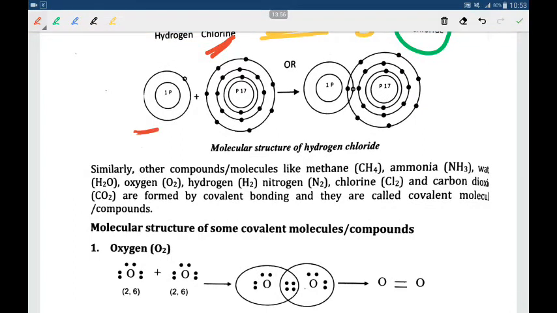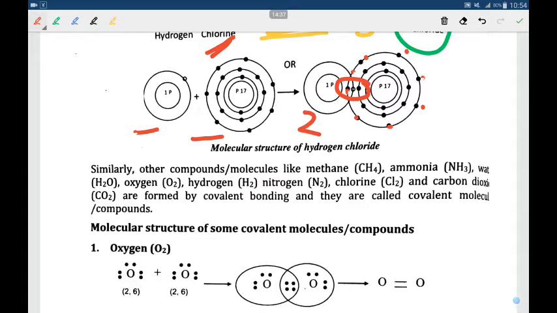This is the atom of hydrogen, this is the chlorine. For hydrogen 2 electrons, it will be in duplet state. For chlorine 1, 2, 3, 4, 5, 6, here should be 7. 1 is missing in this diagram. 1, 2, 3, 4, 5, 6, 7, 8.